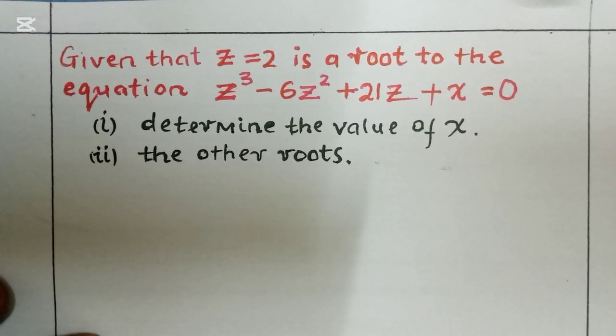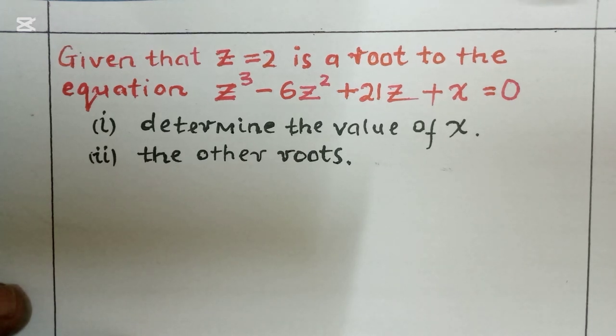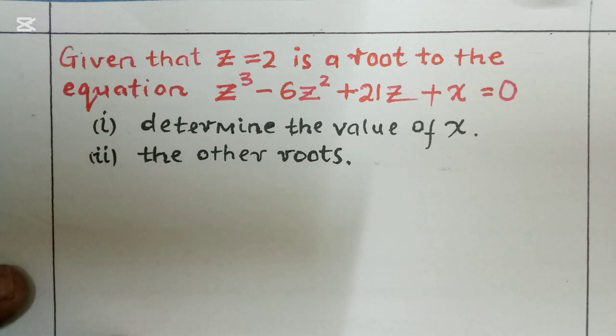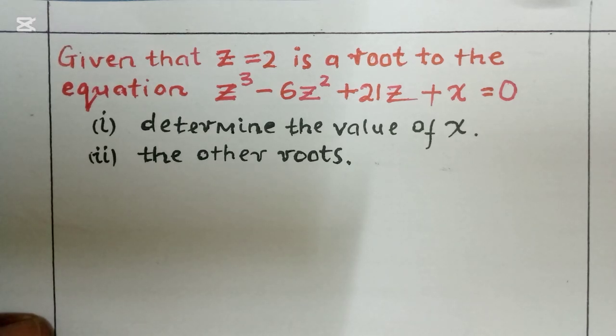Me too, I'm fine. So viewers, today we are going to look at this question because this is a good question, guys. As you can see, it's a complex number question. Maybe I can read it first, then we can continue.